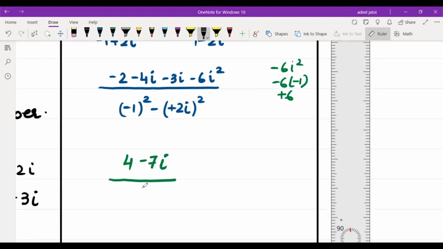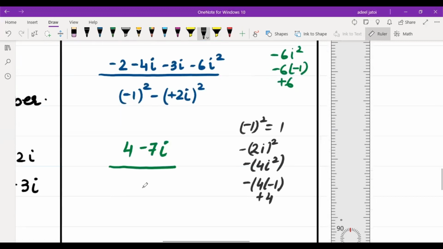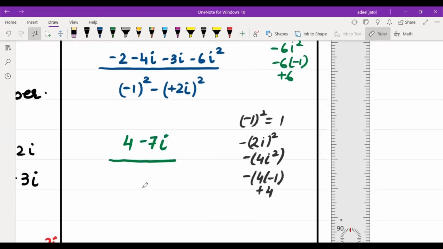Remember this, that we have negative 1 square, which will be taken as what? Positive 1. Now in the denominator, we have negative 2 iota square. So this should be negative 4 iota square, negative 4, negative 1, which means positive 4 will be the answer for this. So in the end, what we'll be looking for is 1 plus 4.